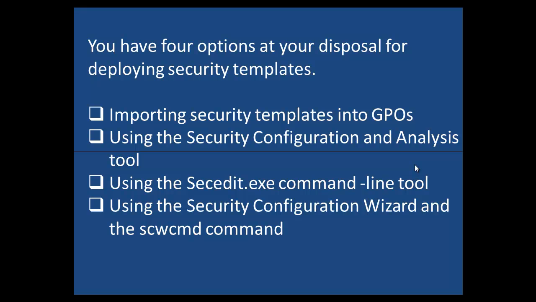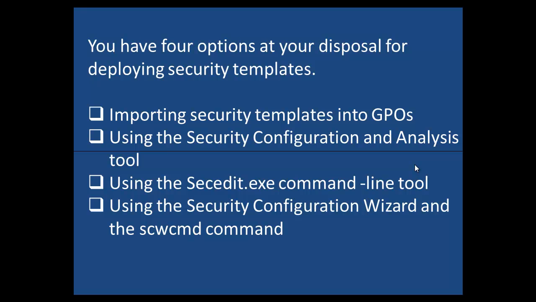You can also use the security configuration and analysis tool, but that will only allow you to place the security settings on one computer. You can also use the secedit.exe command line tool.